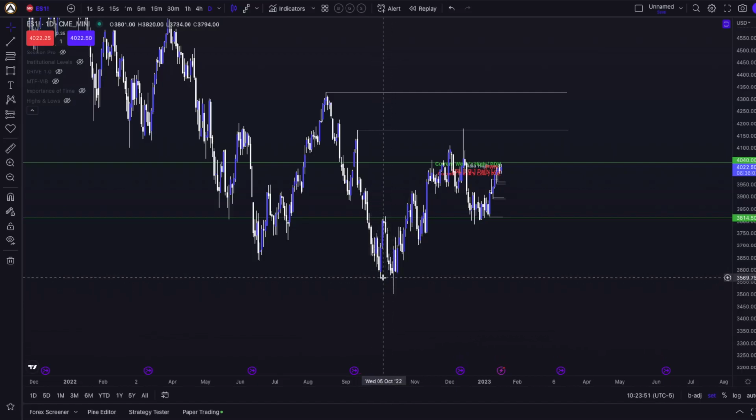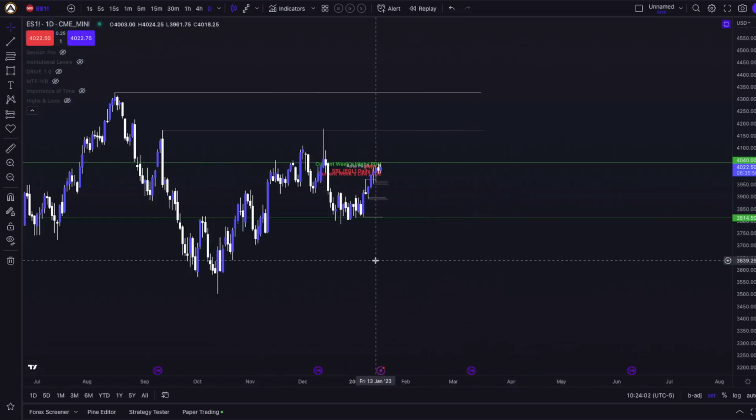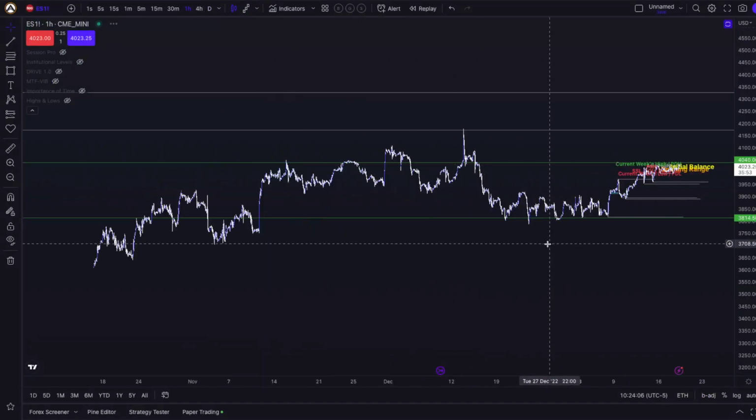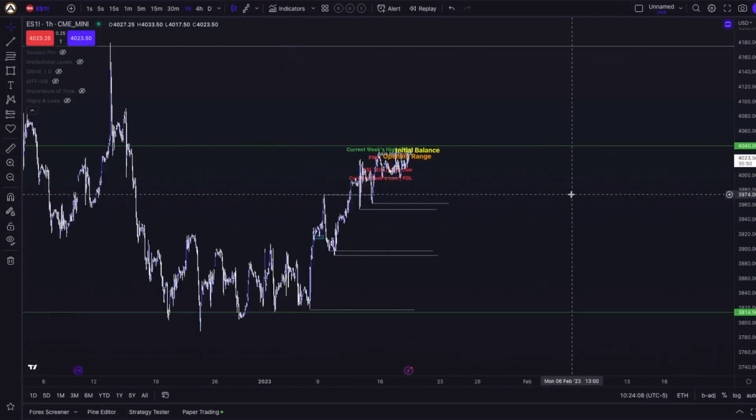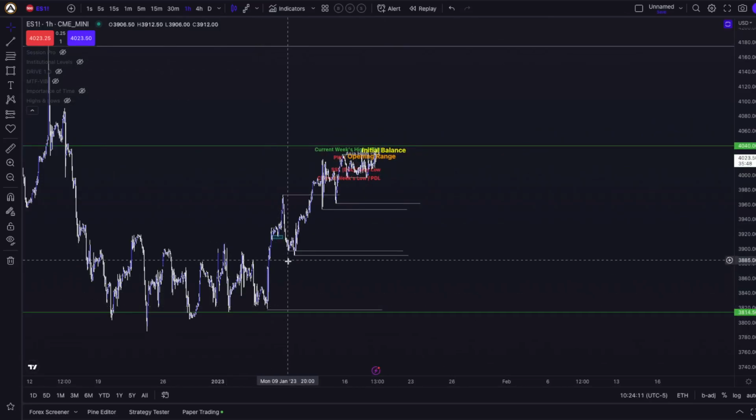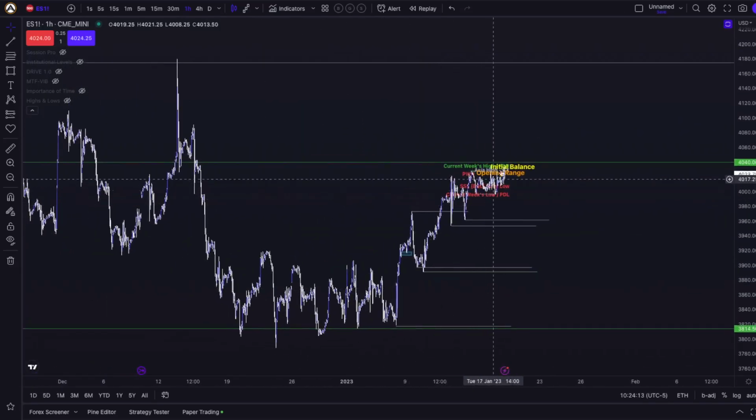Someone would argue that we already had a break into bullish market structure, breaking through this short-term high. So we will see how everything's going to play out over the long run. But overall, I don't like this movement to the upside.